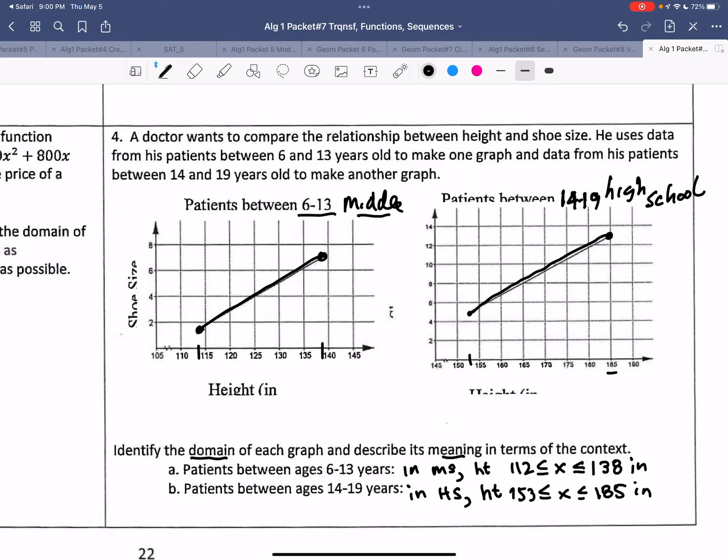So what does this mean in context? It means high school patients are taller, right, than middle school patients that come in to the doctor's office, right? And that makes sense.